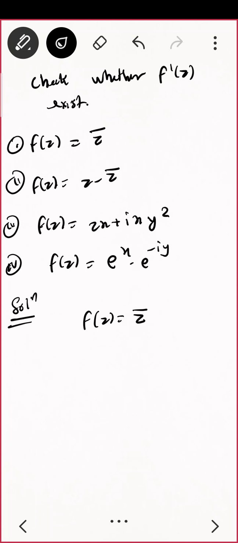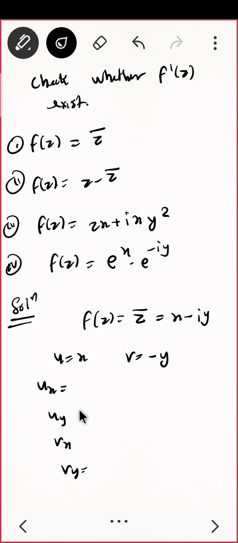So whenever you see a function, the first step you should always do is check whether it satisfies the CR equation or not. So what is z bar? z bar is x minus iy, the conjugate. So what is u for me? u is x, and v is minus y. So what is ux, uy, vx, vy?